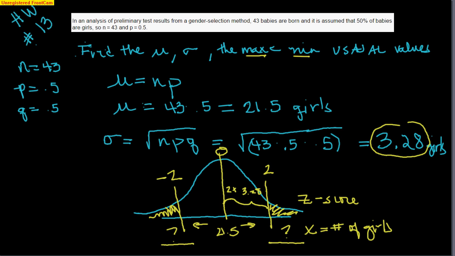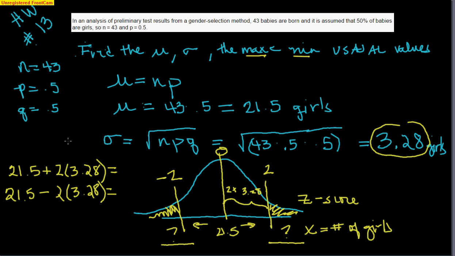All right, so we'll go over to the side here. What is 21.5 plus 2 times 3.28? And what is 21.5 minus 2 times 3.28? 2 standard deviations above the mean, 2 standard deviations below the mean. Use your calculator to do that work.